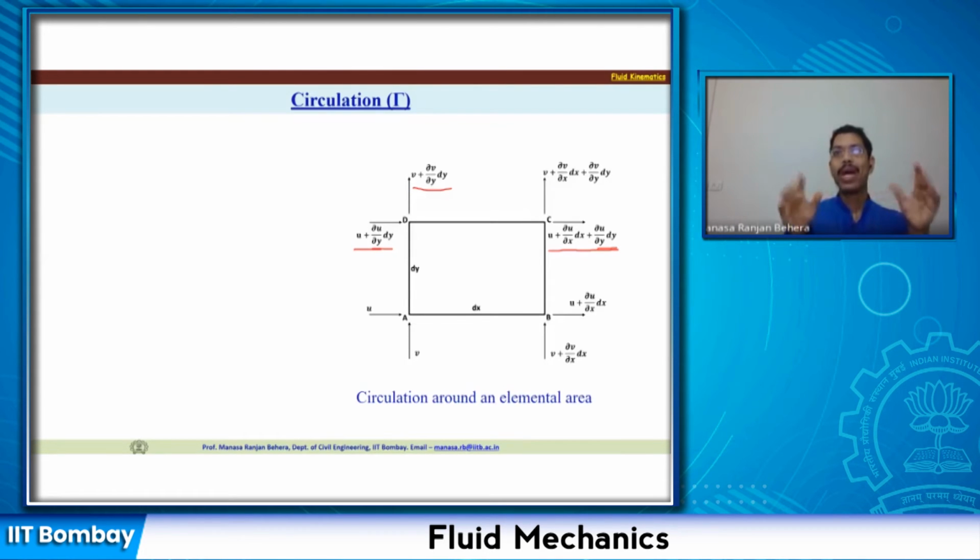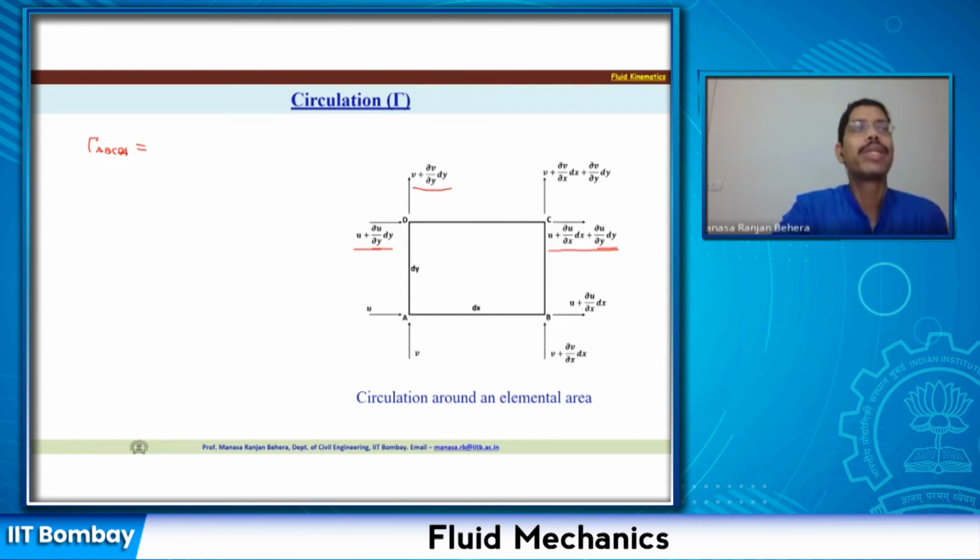Circulation we have to calculate around the elemental area, so it's a closed curve A, B, C, D, A. So basically what we are trying to find is gamma ABCDA, because the curve has to be closed.